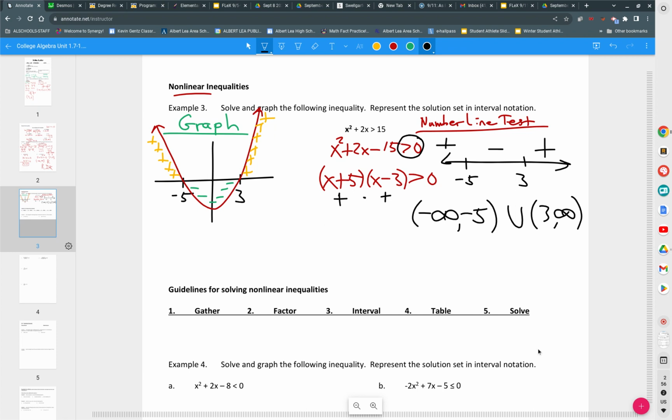You can see by the graph, it's positive from -infinity to -5, and then from 3 to infinity. That's where it produces positive values. It doesn't mean that these numbers are positive. It means if you plug in a number, it will make a positive. Okay? And so there you have it.